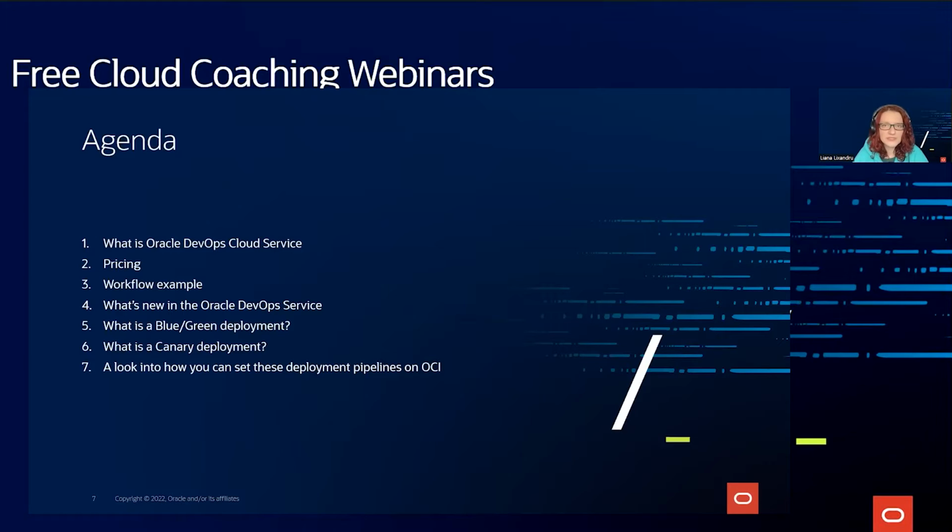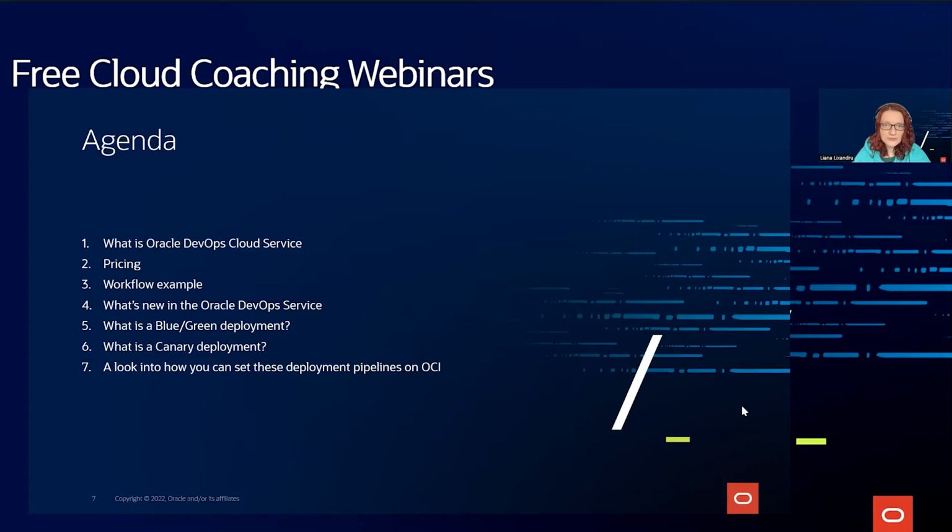Well, I say new, but they've been available since around June or July this summer. And then after we discuss the Blue-Green and Canary deployments and how they're implemented in the Oracle DevOps Cloud Service, we will take a quick look at the infrastructure dashboard, get into the console and see how we can create these stages and what kind of options are available to us.